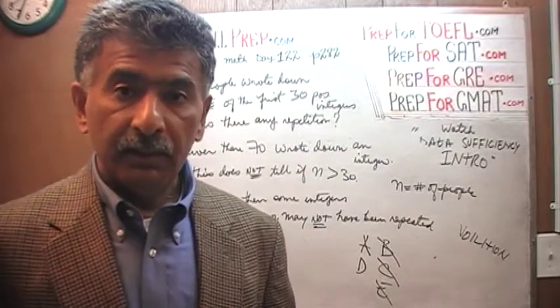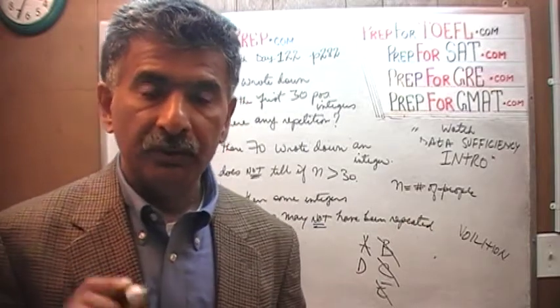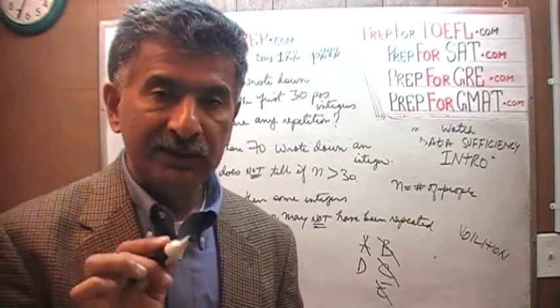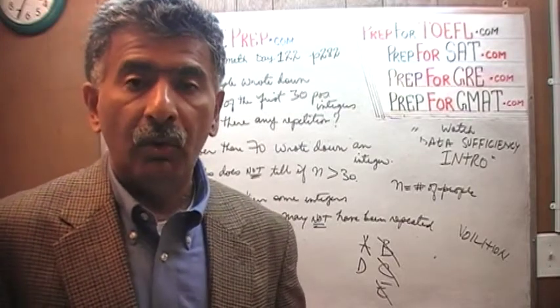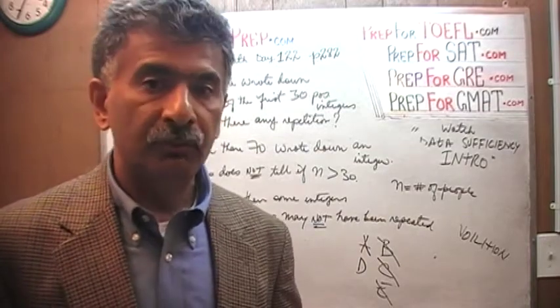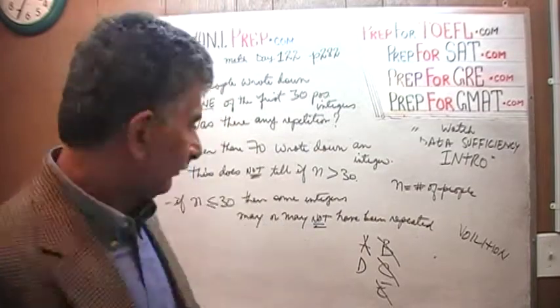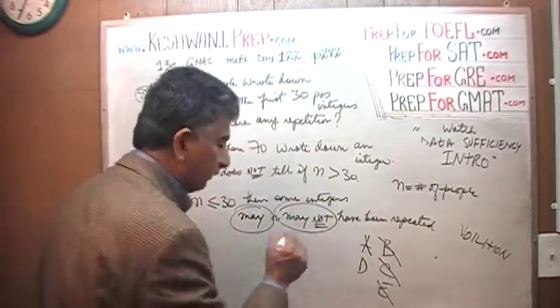On the other hand, it is also quite possible that there are 30 people in the room, and they all ended up writing the same integer. Highly unlikely again, but still not impossible. So we do not know. They may have repeated some integers, or they may not have.